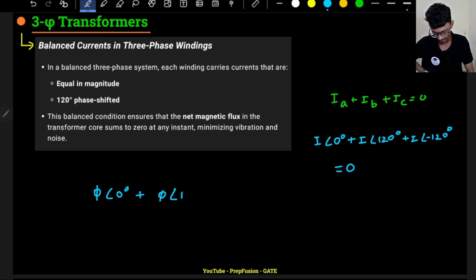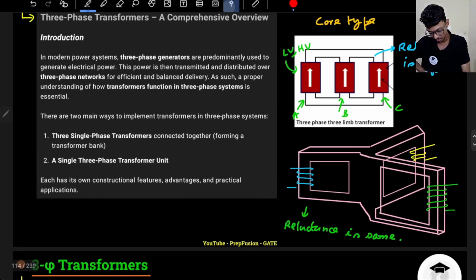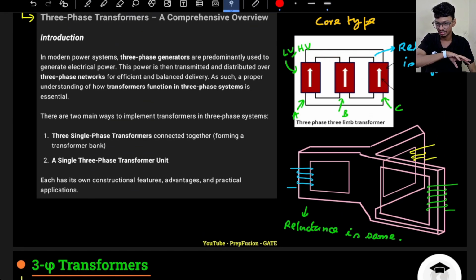So what do we know? This is equal to 0. That means in the core, the same sinusoidal flux is flowing and the three fluxes are 120-degree phase apart. If the three fluxes are 120-degree phase apart, that means the average flux in a cycle will be 0.